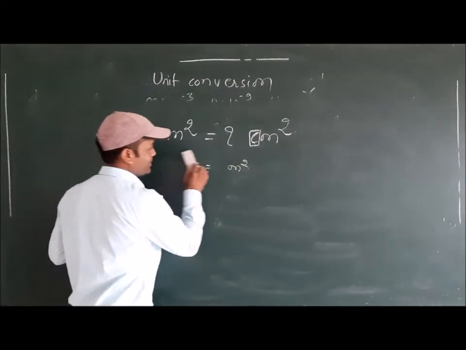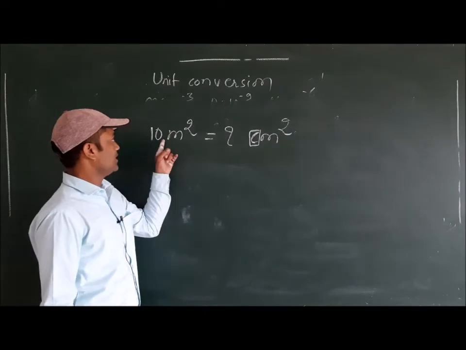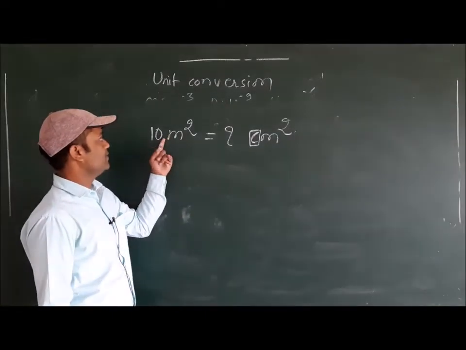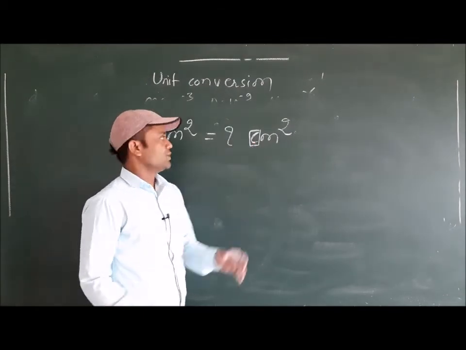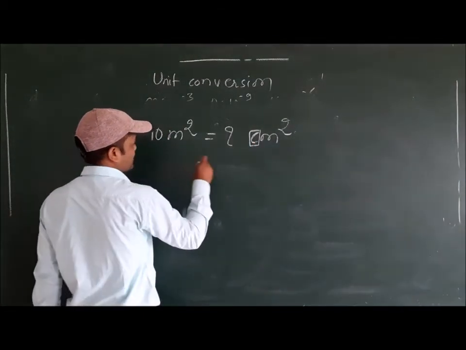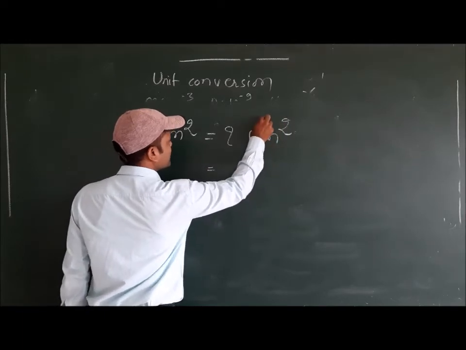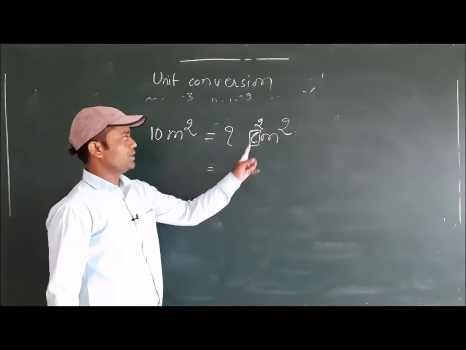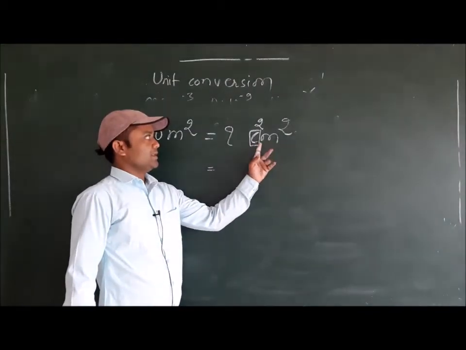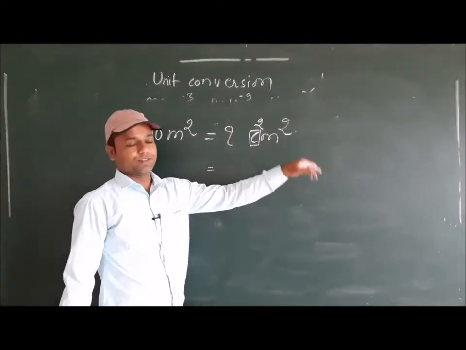Now we have to add the prefix, and in our given value there is no centi, but we have to convert it into centi. So in such a case, centimeter square means centi also has square and meter also has square. These things you should consider.